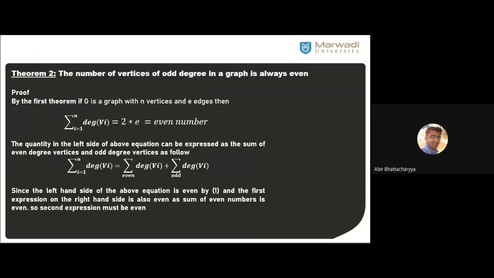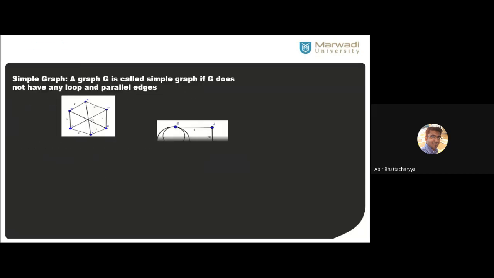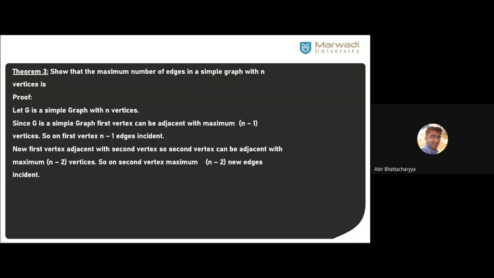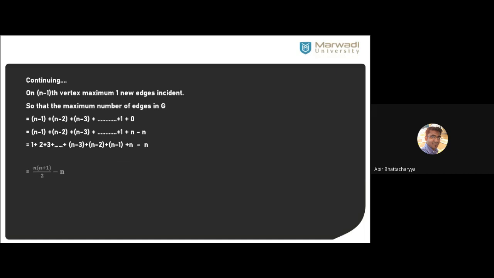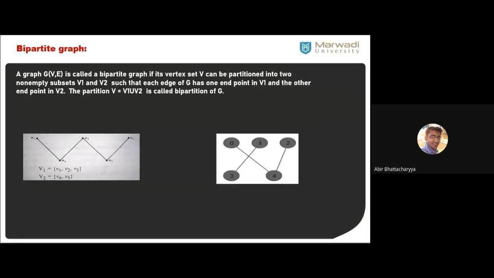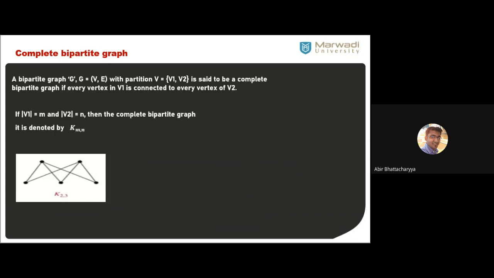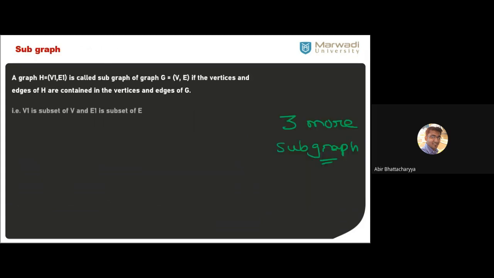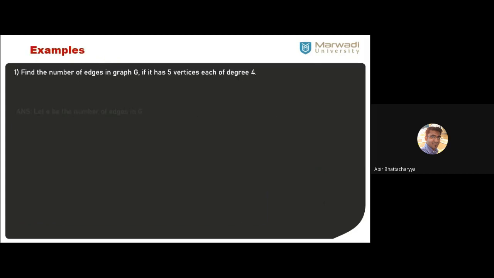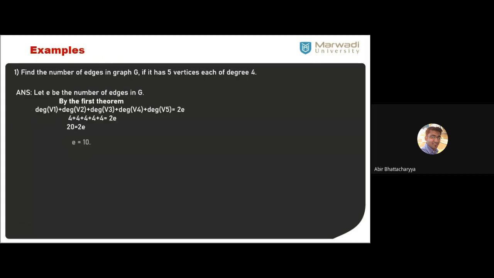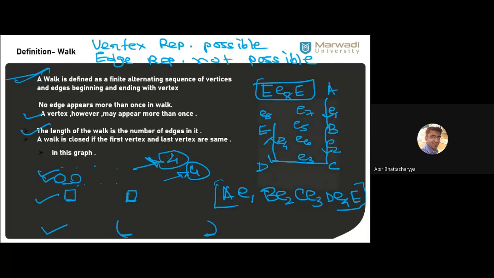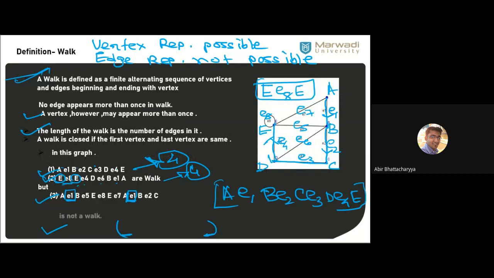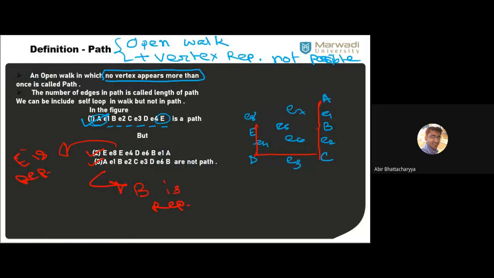So tell me, what is Euler graph? Anyone? Open your mask and tell me. Vertex repetition allowed?